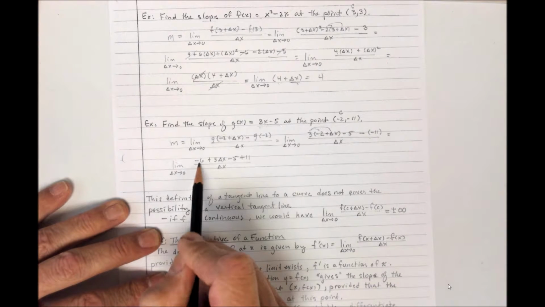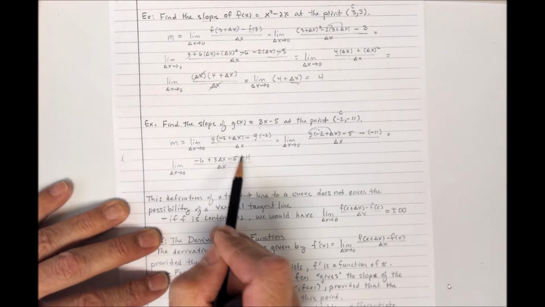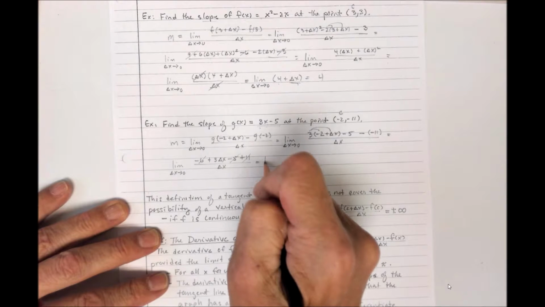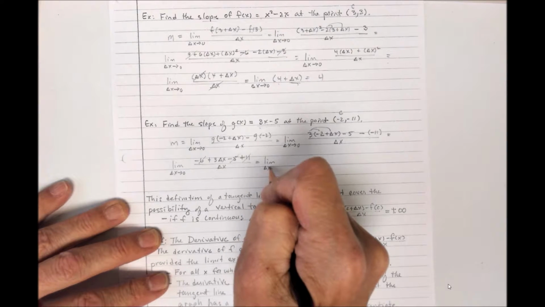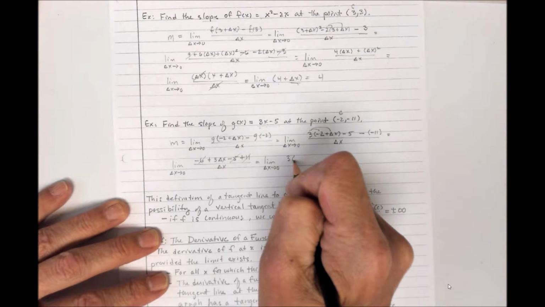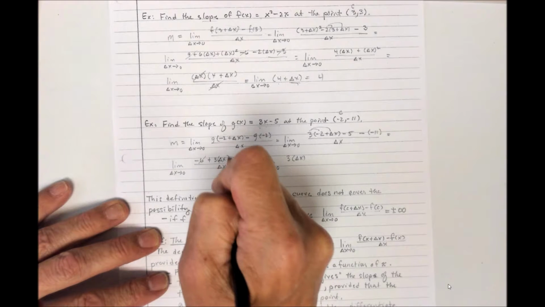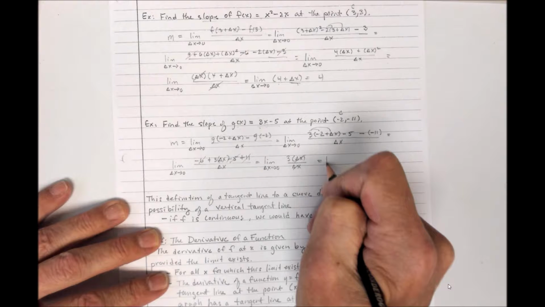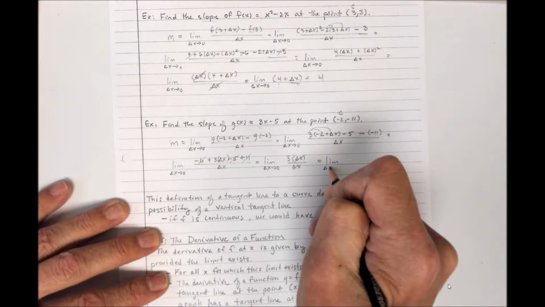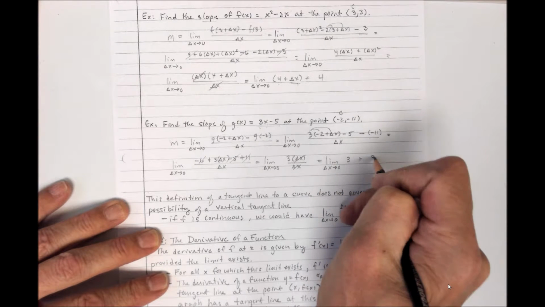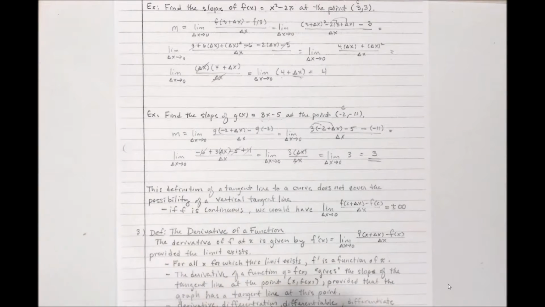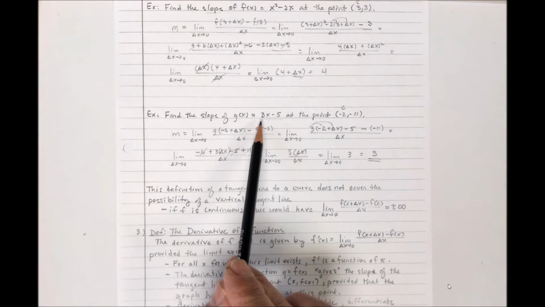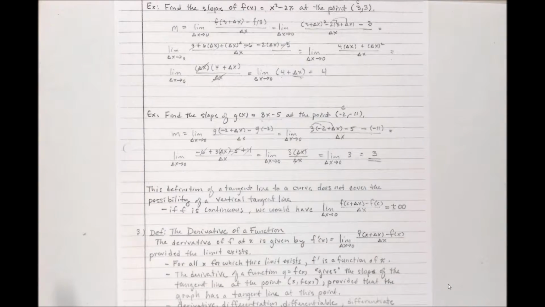Well, -6 and -5 and a positive 11, that's 0. So I get the limit as delta x goes to 0 of 3 times delta x, let me put parentheses around that, times delta x, and of course these are going to cancel, so I have the limit as delta x goes to 0 of 3, which is 3, which is what I suggested earlier on, because this is a line and it has slope 3.